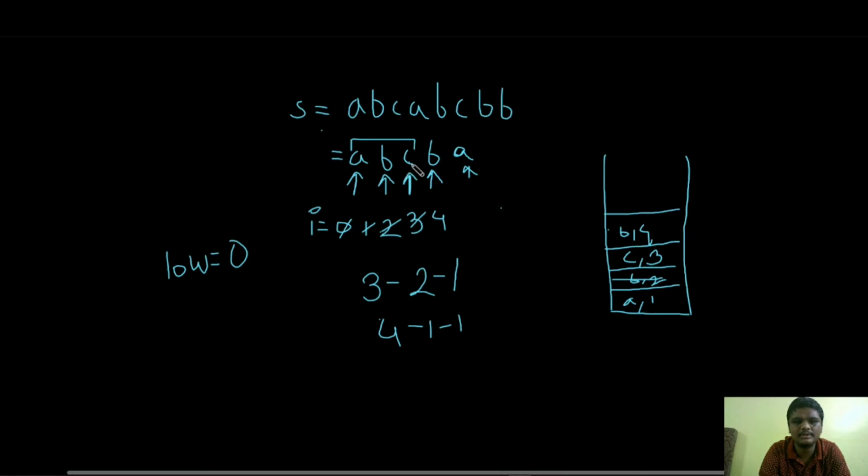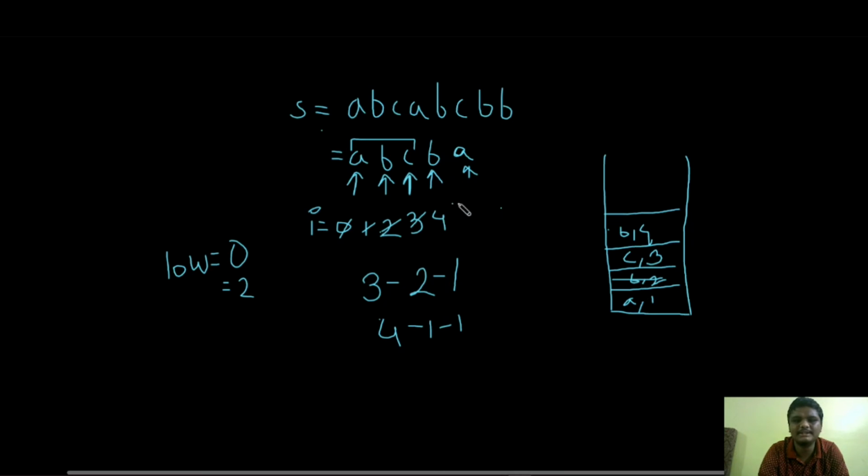When it is at 2, it will remain 0. But when it is at 3, low is going to get updated, right? Updated to 2, that is, we are going to take the max of 0 comma 2.